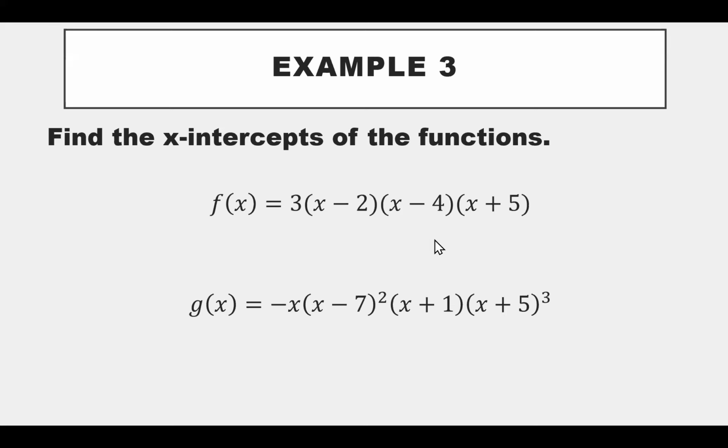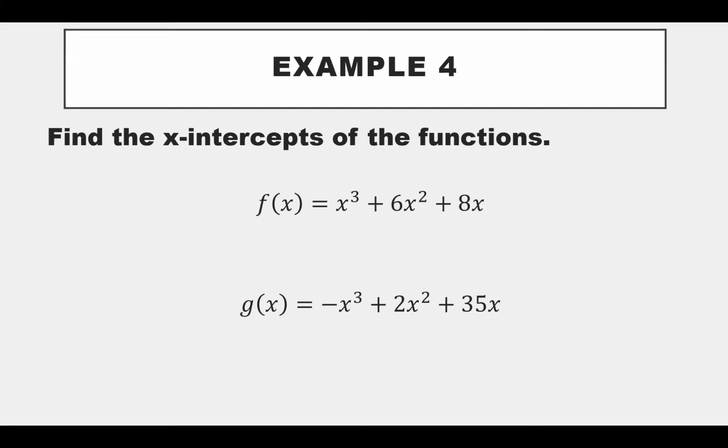So we can see that in this example, we found the x-intercepts quite quickly because each of these were already factored for us. Therefore, when we set one side equal to 0, all we had to do was set each linear factor equal to 0 and see what happens.